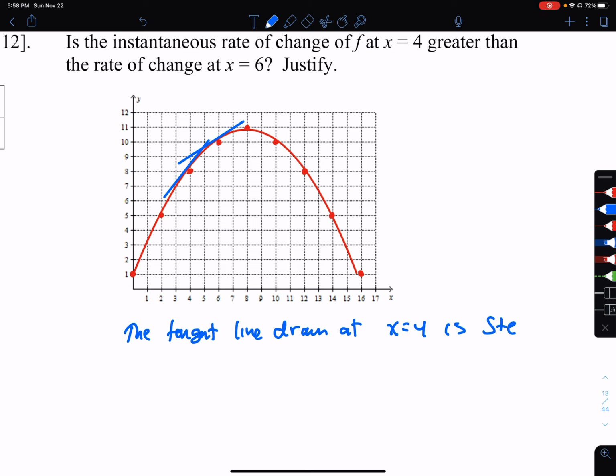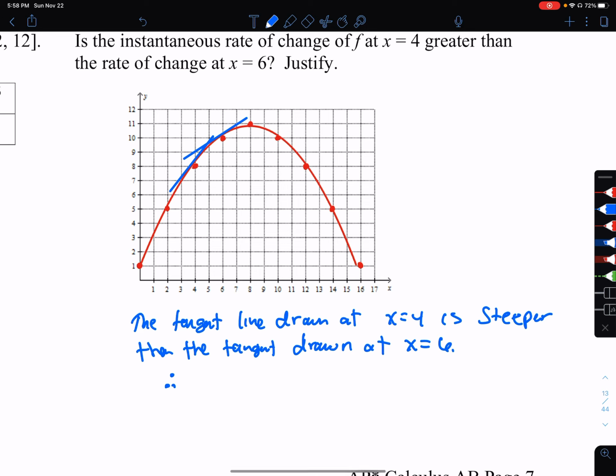By steeper, we're saying has a larger slope than the tangent line drawn at x equals 6.